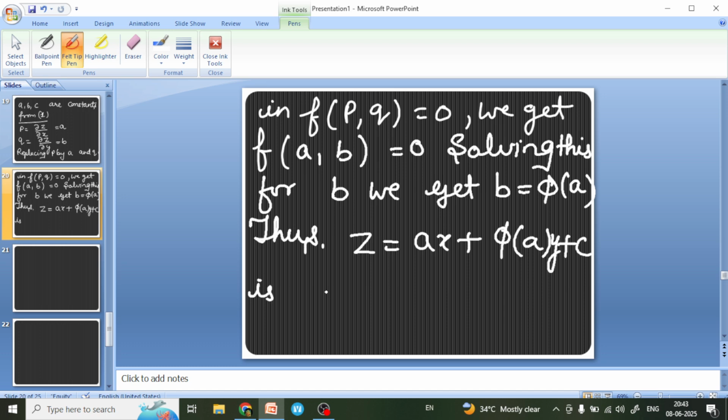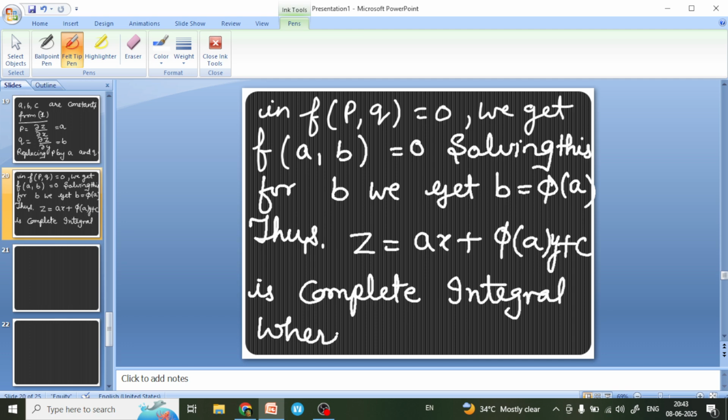It is the complete integral where a and c are constants.